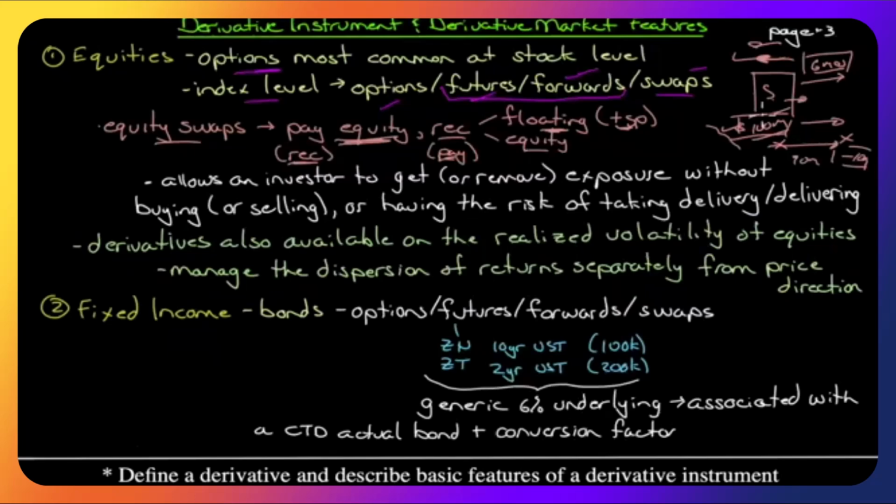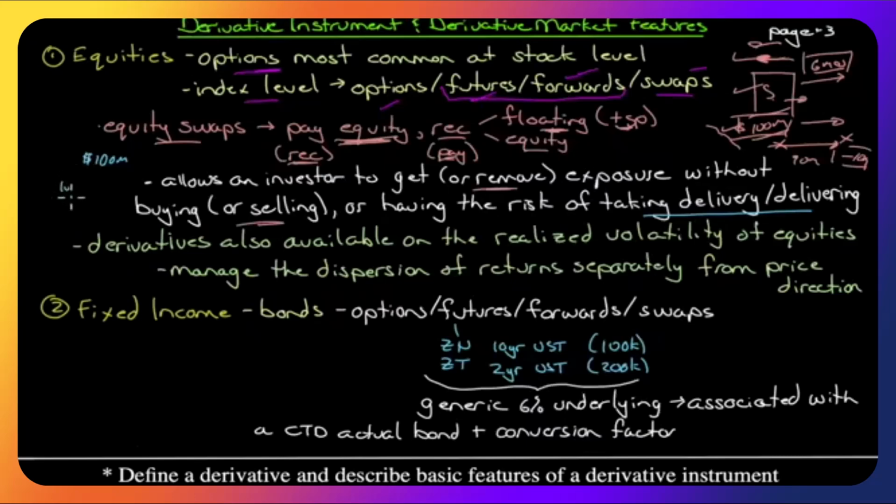So swaps are really powerful for getting access to or reducing exposure to a particular underlying for a period of time. It allows an investor to get or remove exposure without buying or selling or having the risk of taking delivery or delivering. So I have 100 million, just to clarify this, and I want exposure to the equity market.